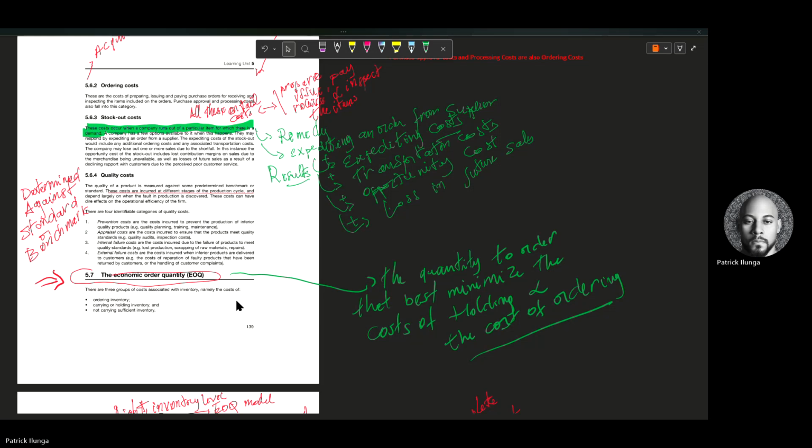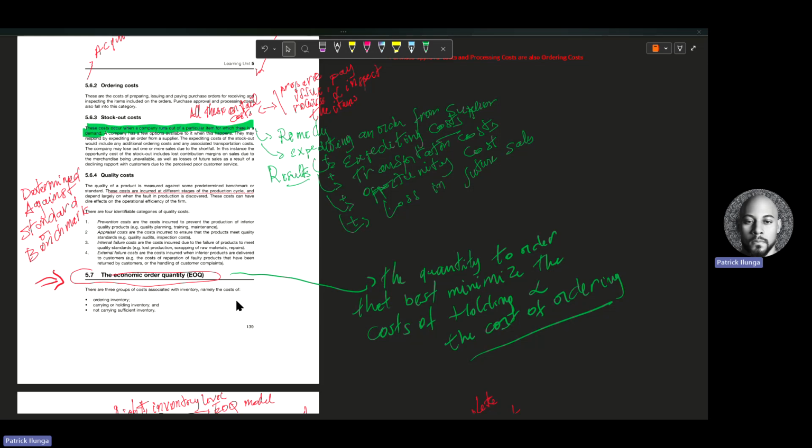There is a particular standard, a specific benchmark, that the company needs to keep. When there is failure to meet that standard, it's a quality cost. These costs have a dire effect on the operational efficiency of the firm. There are four of them.